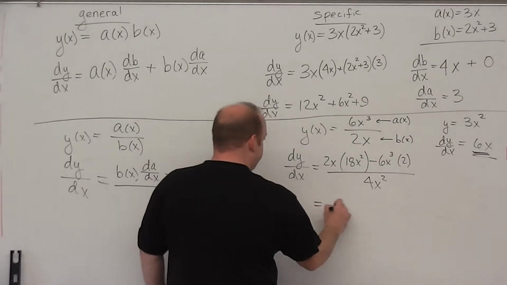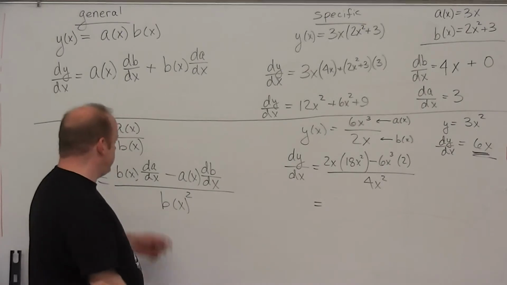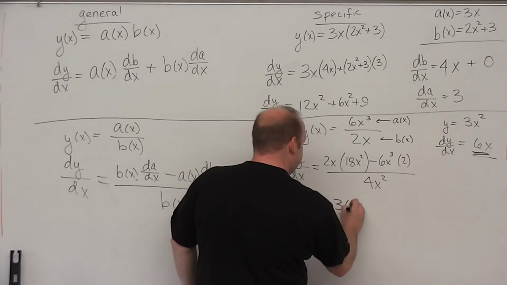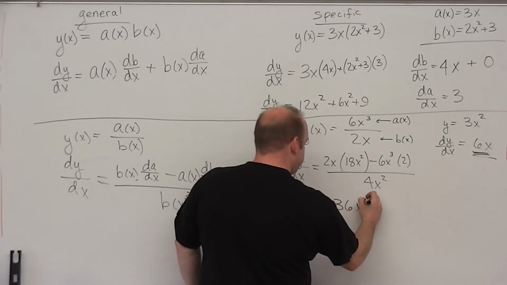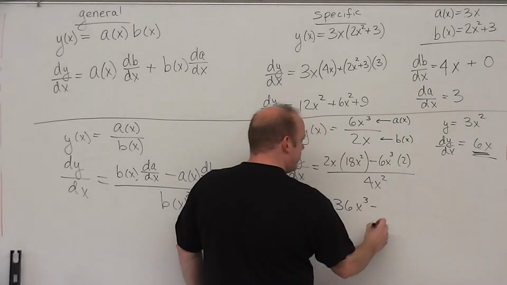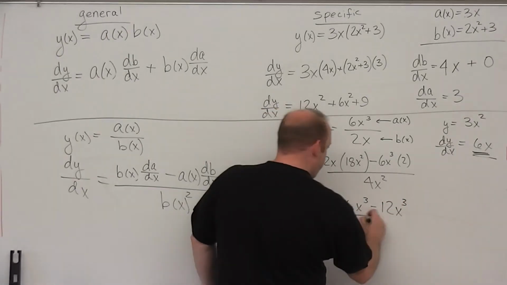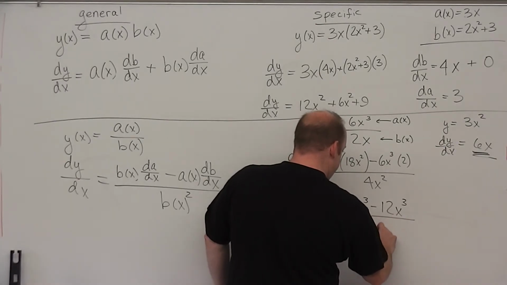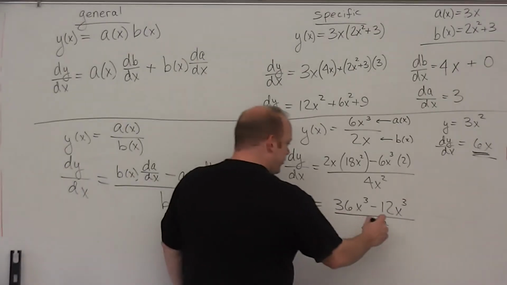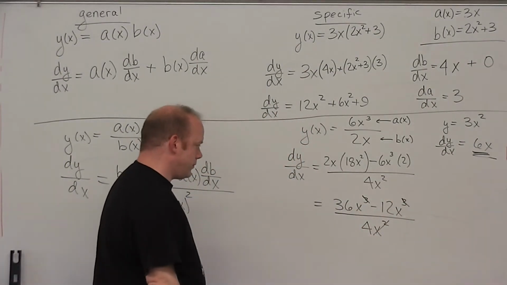So now let's simplify and see if we wind up with 6x. If not, then I'm going to have to stop this and flip some terms around. So now this is 36x cubed minus 12x cubed, all over 4x squared. The x squareds are going to cancel out 2 of those.